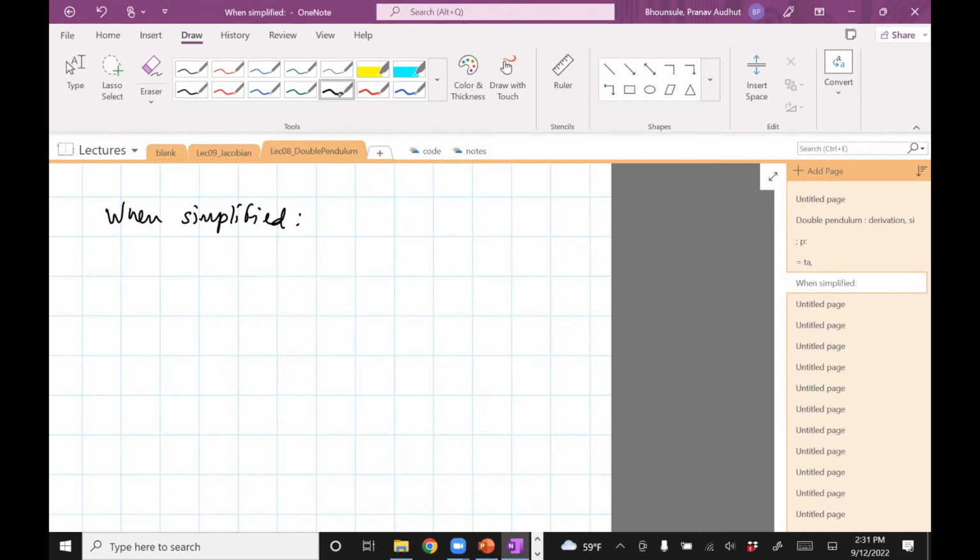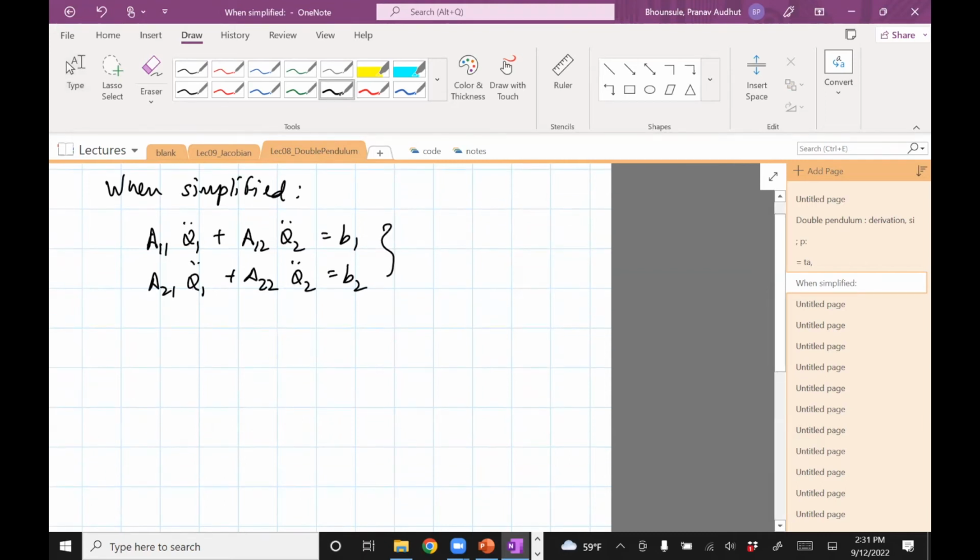It will have this form, and this is kind of universal for all systems which follow Newton's laws, F equals ma. They'll always come in this form. There'll be a1 theta 1 double dot plus a2 theta 2 double dot equals b1, and a3 theta 1 double dot plus a4 theta 2 double dot equals b2.